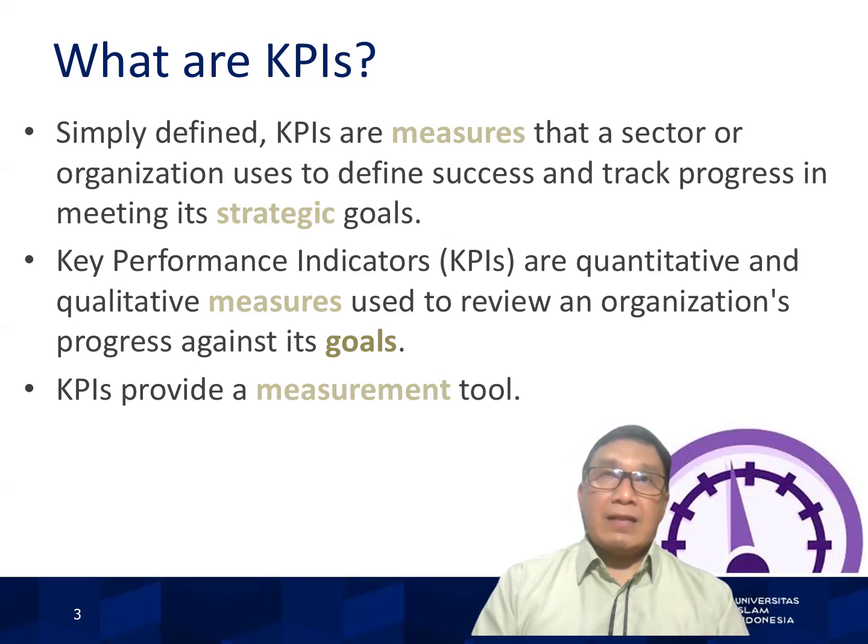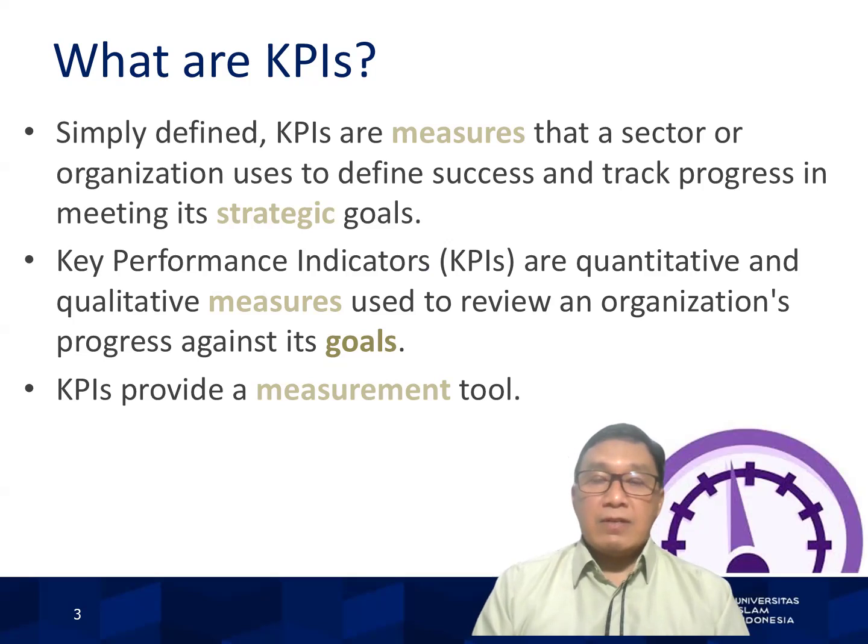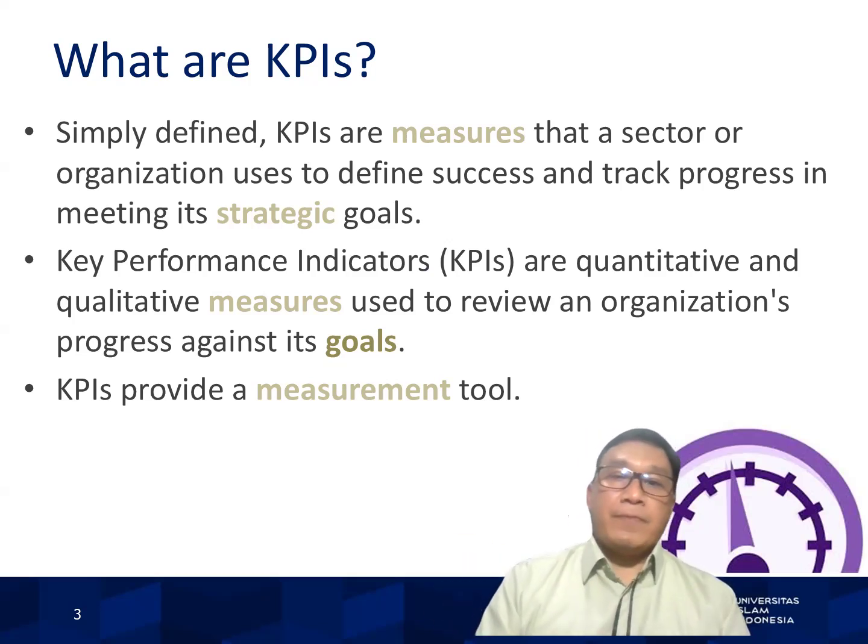We need a target that we can easily measure in order to claim that we already achieved such a success. Or we can use KPI to measure progress. Is our progress on track, against its strategic goals once again.